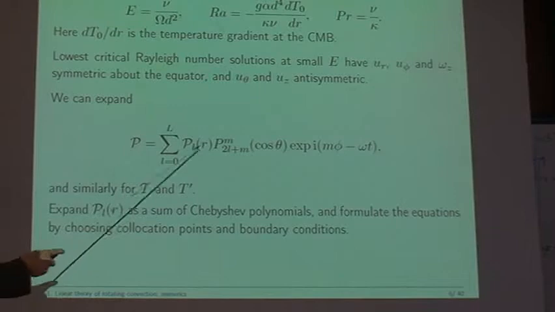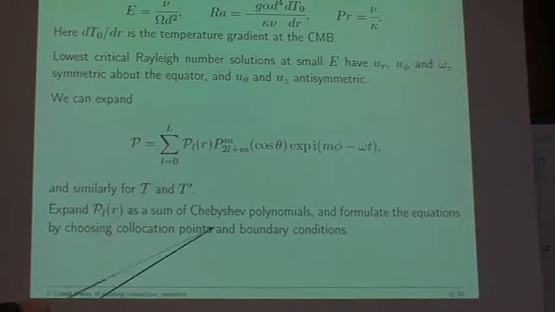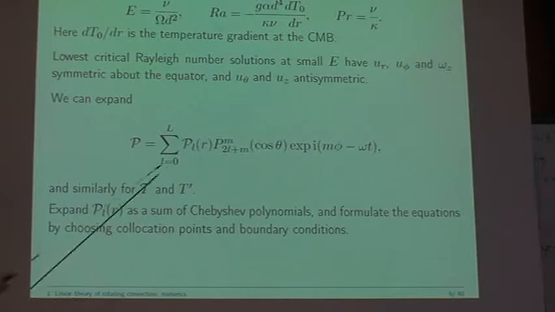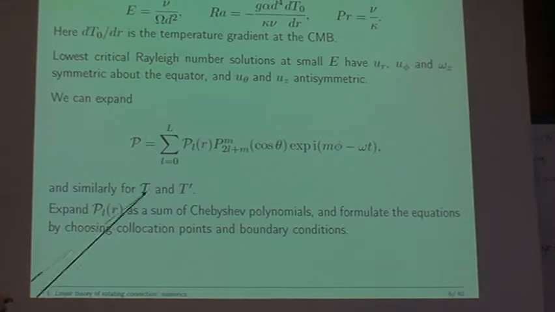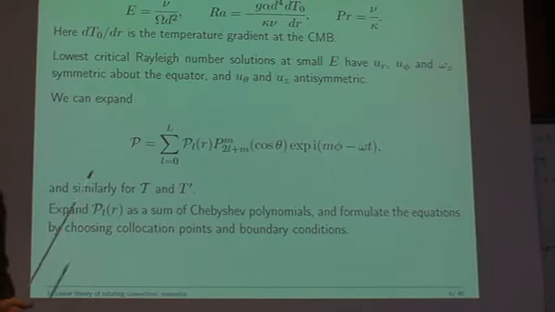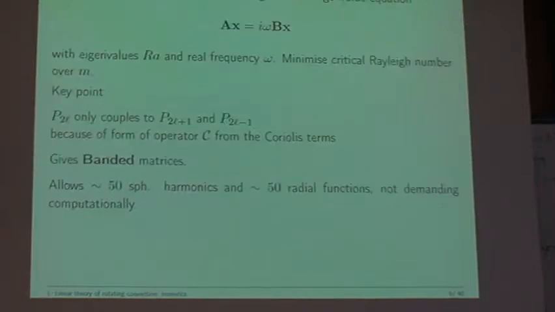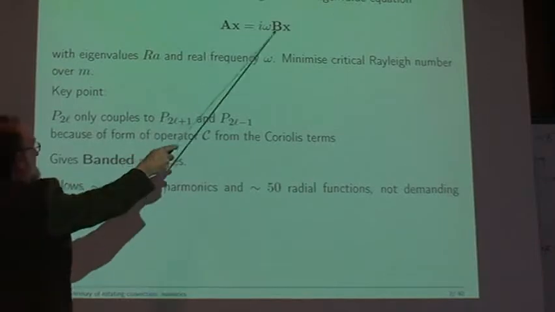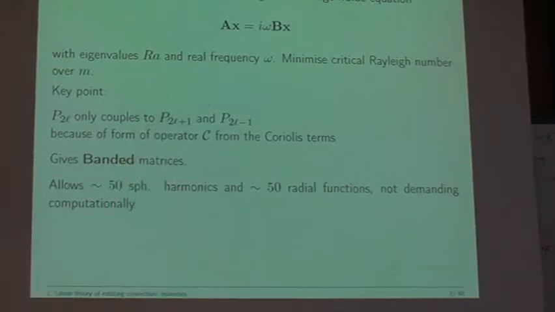If we expand in terms of Chebyshev polynomials, in n Chebyshev polynomials, you have P_ln, you also have T_ln and T prime_ln. You run all those variables together, so it's basically a 3 times n times l vector system there, and then that's a big matrix. Of course, these are two big matrices there.